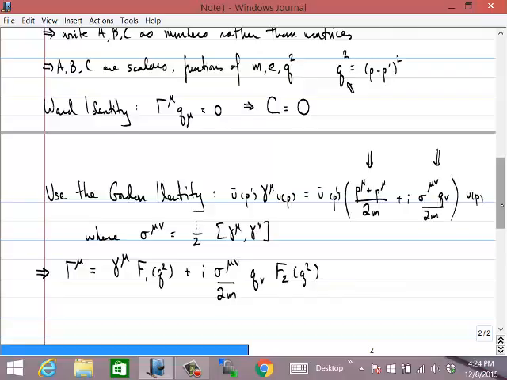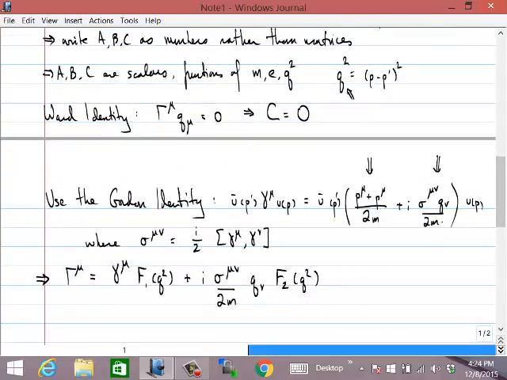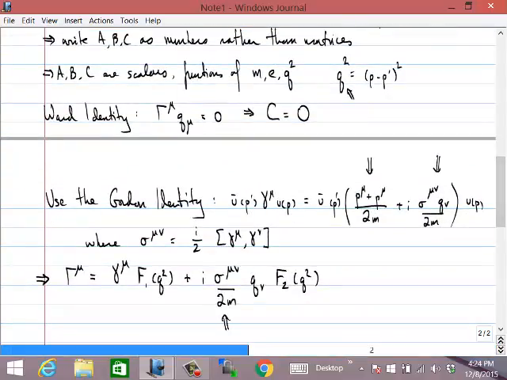So what have I done here? What I've done is I've just taken this equation up here. I've set that last term equal to 0. And I've used the fact that when I sandwich this between a u bar and a u, this p plus p prime that appears here gives you a factor of sigma mu nu times q nu, plus a contribution that I can absorb into the coefficient of gamma mu. Good.